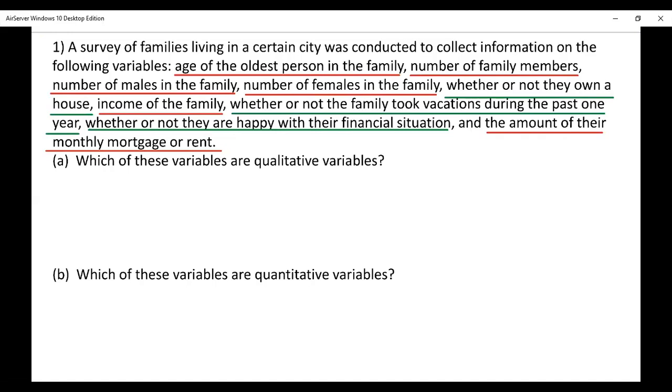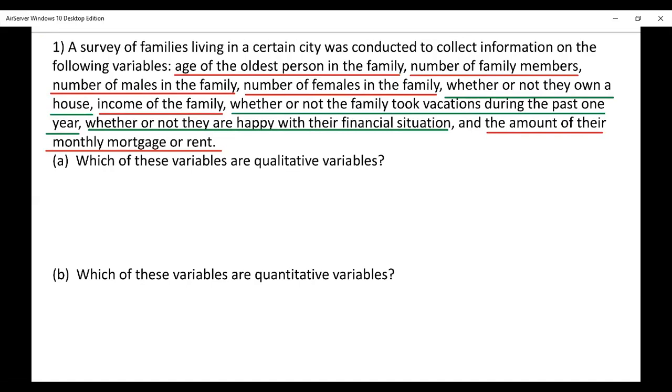So the ones that I underline in green are the qualitative variables: whether or not they own a house, whether or not the family took vacations during the past 1 year, whether or not they are happy with their financial situation. So these 3 variables are qualitative variables.